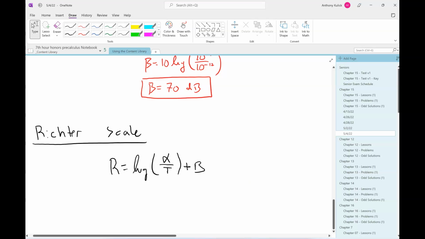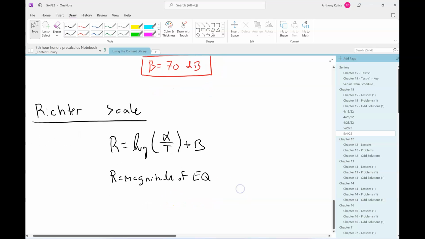So our Richter scale equation, R equals log of alpha over T plus B. And I'm going to abbreviate earthquake as EQ. So R is just the magnitude of the earthquake.